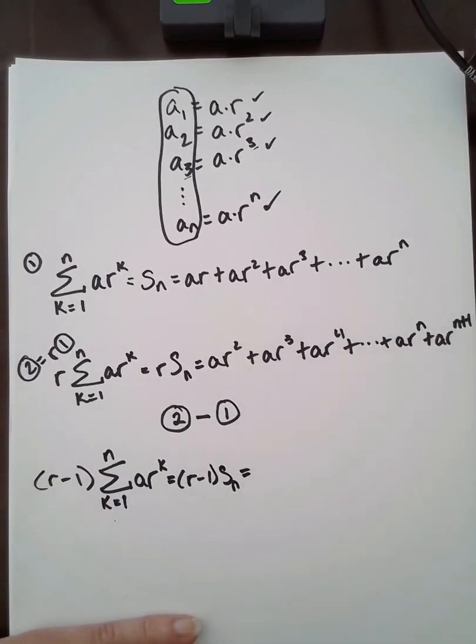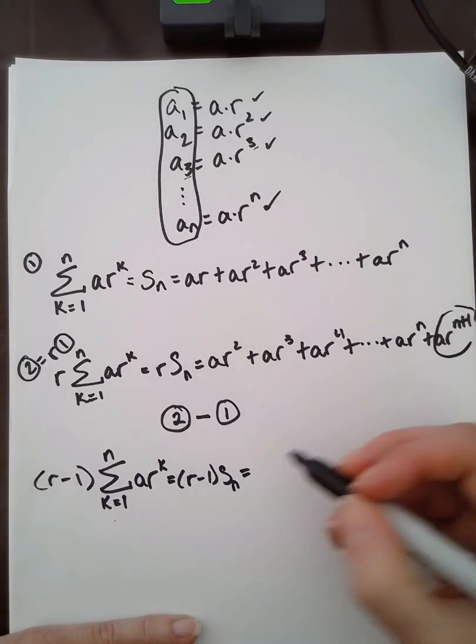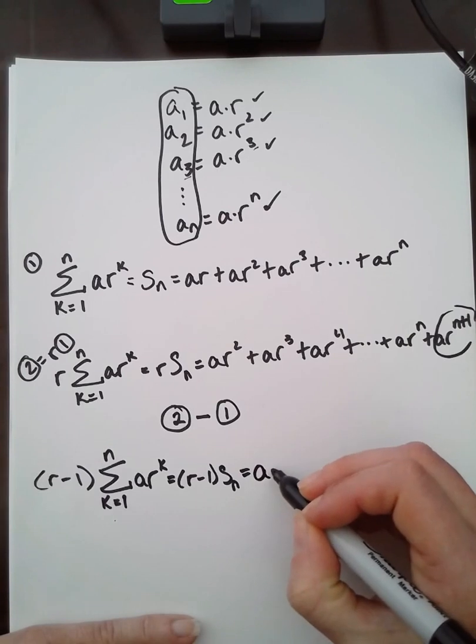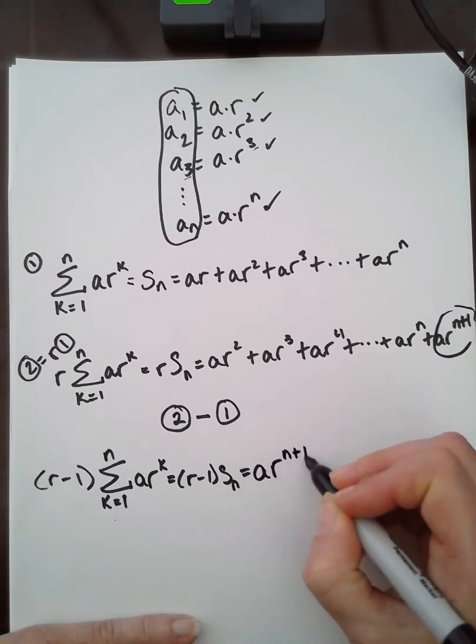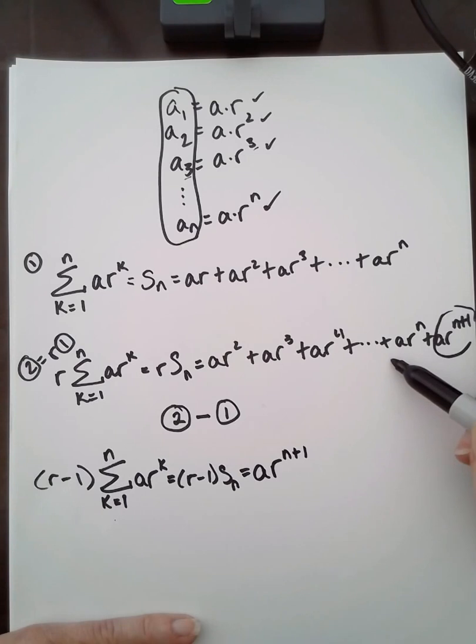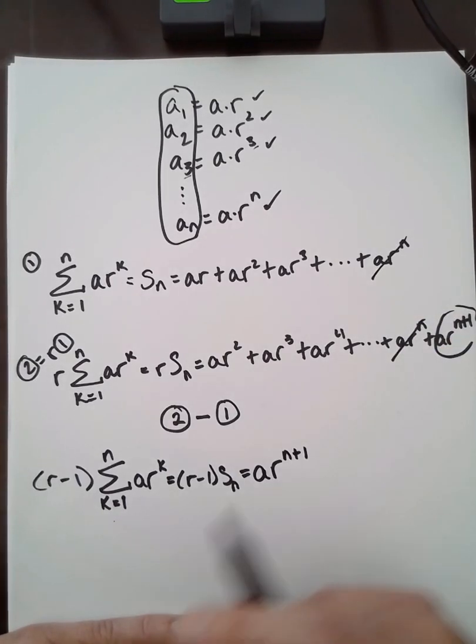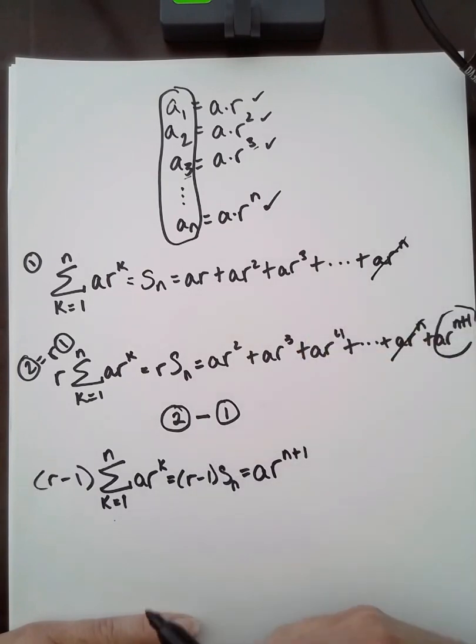Remember, we're doing equation 2 minus equation 1. So this term here, a times r to the n plus 1. Now look, we've got a times r to the n minus a times r to the n. And if you keep backtracking, you would have a times r to the n minus 1 minus a times r to the n minus 1.